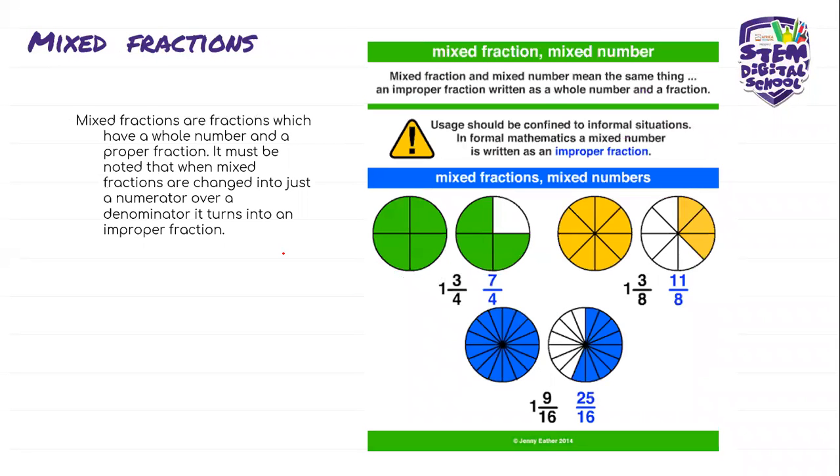Mixed fraction. A mixed fraction or mixed number is when the same improper fraction is written as a whole number and a fraction. So a mixed number is just a fraction that has a whole number and a proper fraction, but this is after the changing of an improper fraction.